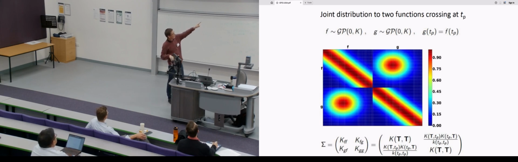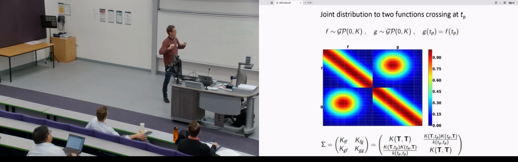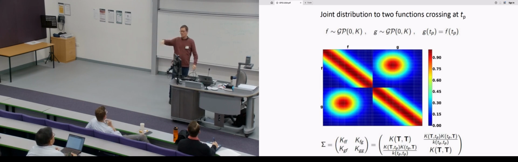And then on the off diagonals, you get this funny little covariance which just says that two things are identical at a particular time, and then they forget about each other as they go away. So this is a covariance function for two curves that touch at a specific time.